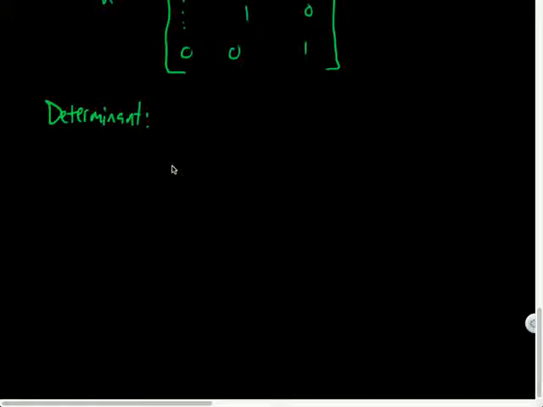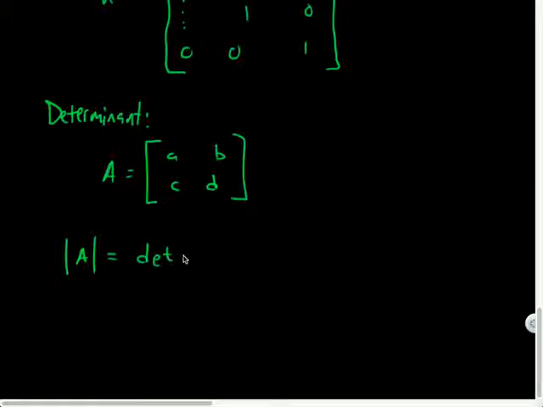It's kind of interesting. So here's matrix A, and it's A, B, C, D, a 2 by 2 matrix. If I want to find the determinant of matrix A, there are a couple ways I can symbolize that. I might write it with absolute value bars, which means the determinant of matrix A. You can also write DET parentheses A. That T is not an exponent.